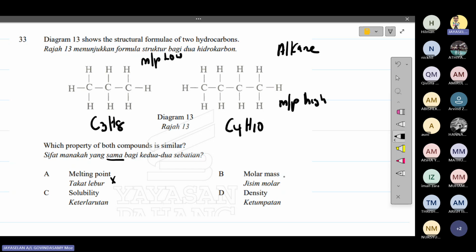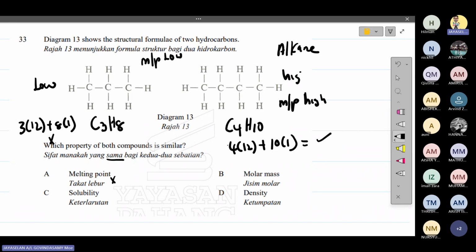Molar mass means you calculate this one. RAM of carbon is 12, right? So 4 times 12 plus 10 times 1, this one is bigger. Sorry, this is 3: 3 times 12 plus 8 times 1, this one is low. So the molar mass, this one is low, this one is high.